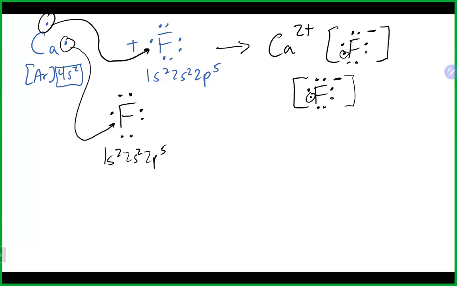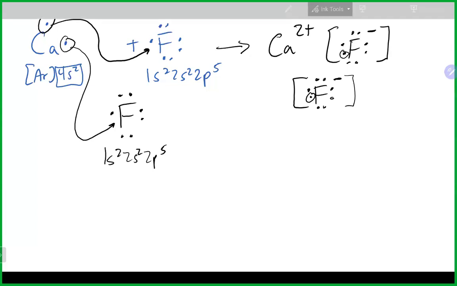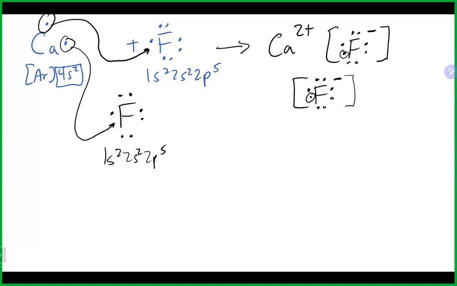Okay. So in this case, when we look at all three of these guys, we end up with calcium that has lost two electrons, which are essentially these. And it now ends up with 18 electrons, which means this calcium has reached argon's configuration, which is really the goal here. Each of these fluorines has picked up one electron, which they can accept in this p subshell.